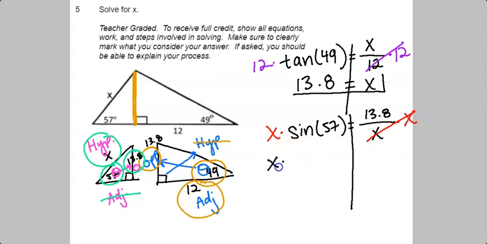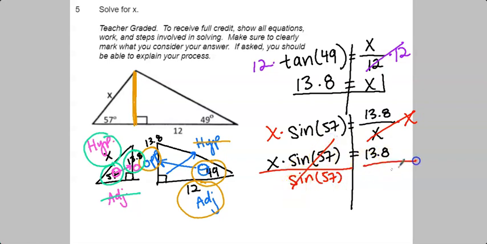So that means x times sine of 57 is equal to 13.8. And again, we need to get x by itself. So we are going to get rid of sine of 57 by dividing, and whatever we do to one side, we have to do to the other. So that means x is equal to, and it is calculator time.